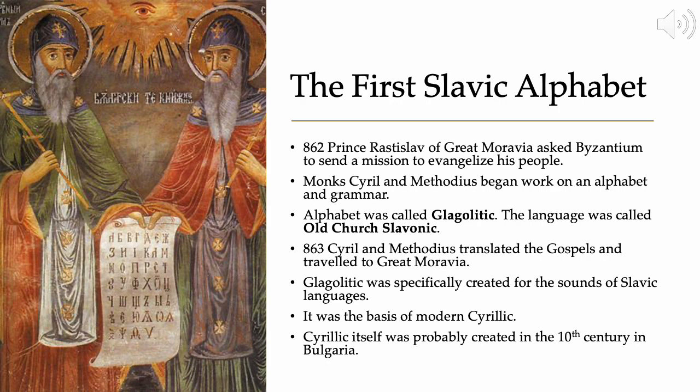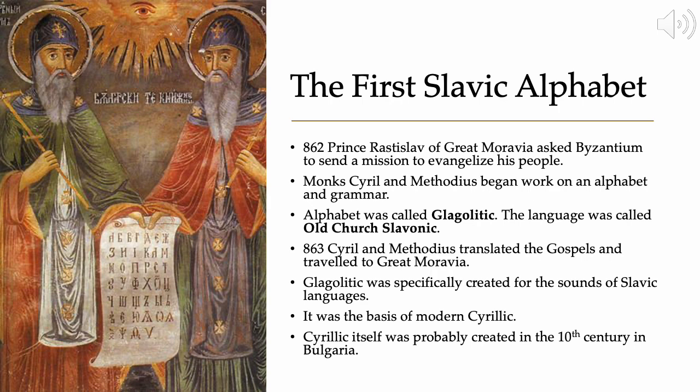And Glagolitic, this alphabet that they created, and you can see on the left of the PowerPoint slide, there's an icon with Cyril and Methodius, and they are holding a scroll with the alphabet that they created. And there are some inscriptions that are also in kind of Church Slavonic talking about sacred texts. And so they are saints and are venerated as saints.